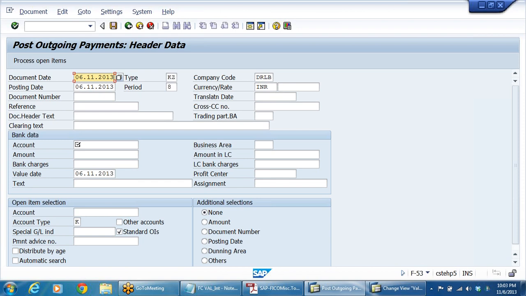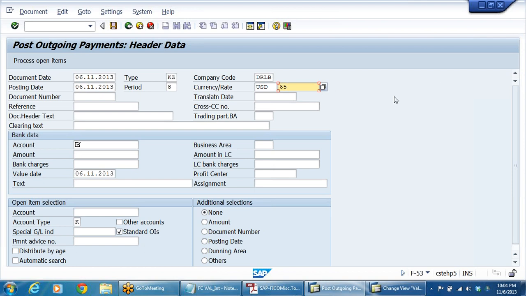Right, my finance department, right? See, I'm the accounts department. This entry is posted by the accounts department. The foreign exchange rate is going to be decided by the finance department. They are the department responsible for buying the foreign exchange. So that's why, what we do here, payment is done in USD, right? What is the exchange rate today? So the finance department will inform us, whatever payment you are going to make, you take the value as 65 rupees, 65 rupees per USD.